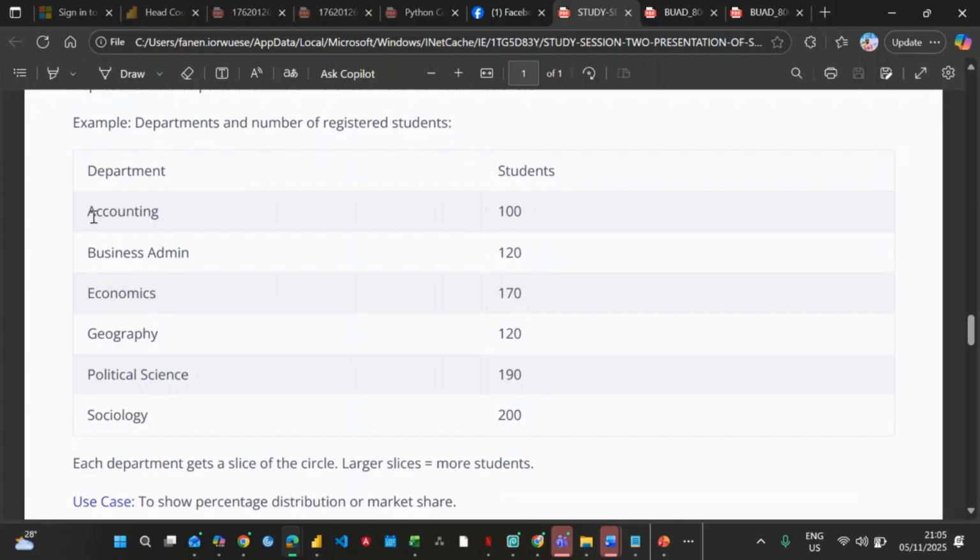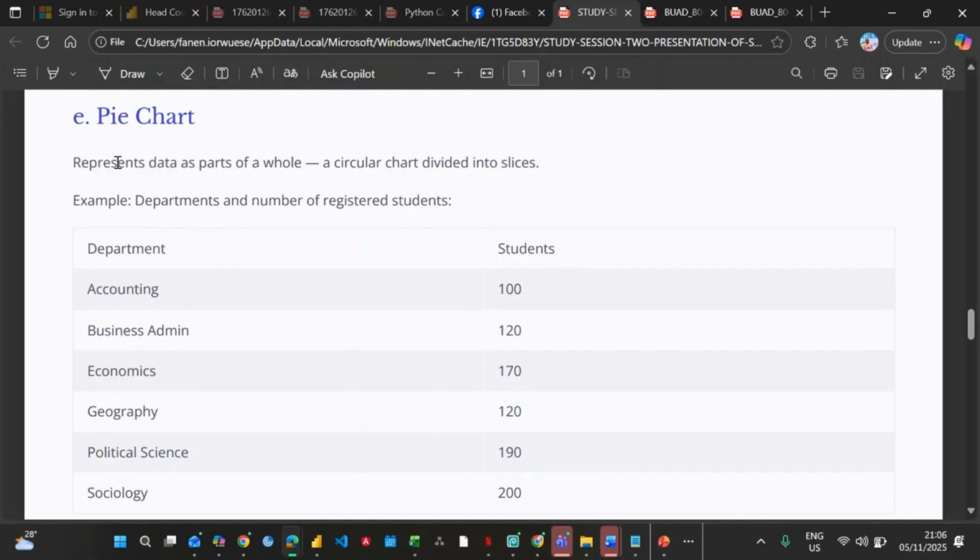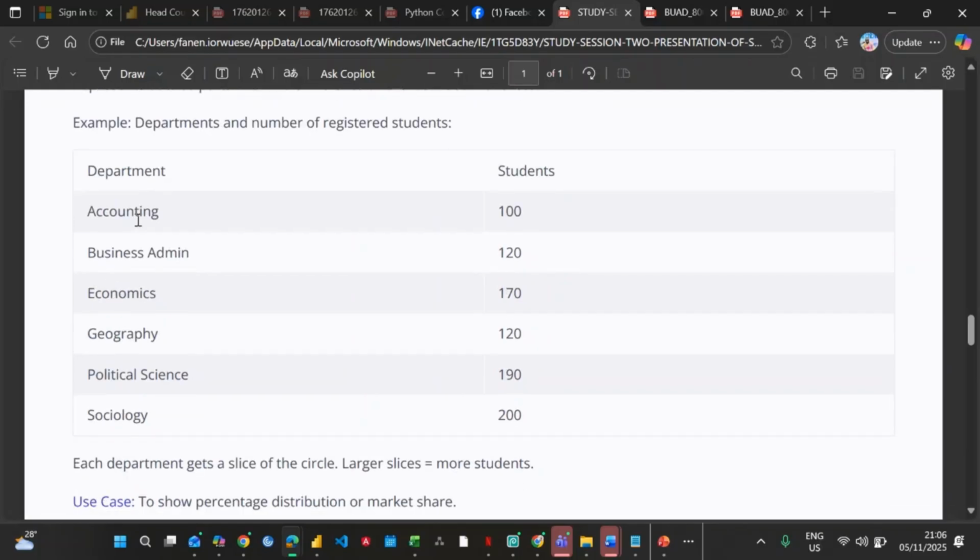So if you look at it now, an example is the department and number of registered students. We have accounting 100, business 120, economics 170. So now you represent the whole of this. The data you are looking at is the student and the department.